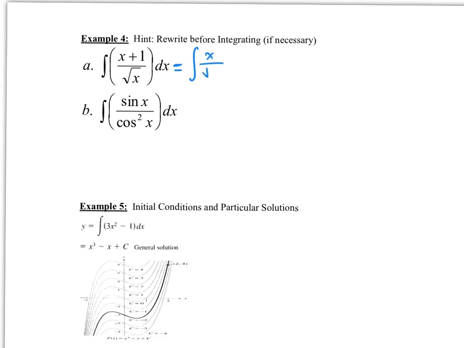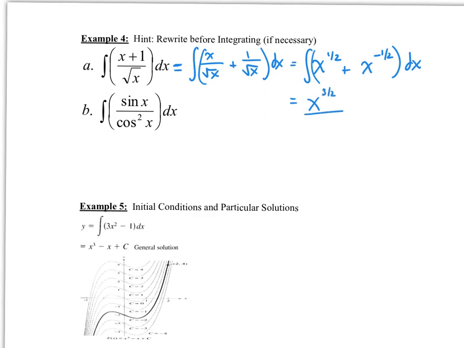So x over the square root of x plus 1 over the square root of x allows me to simplify that fraction a little bit as x to the 1/2 plus x to the negative 1/2, which makes it a lot easier when I go to do the power rule. This gives me x to the 3/2 over 3/2 plus x to the 1/2 over 1/2 plus c, and I can simplify that a bit.